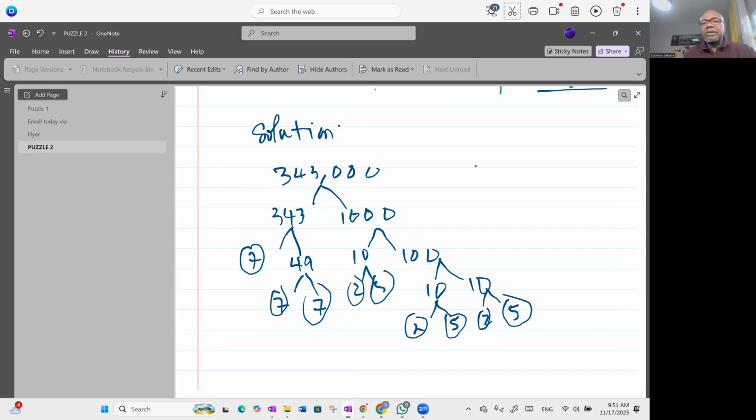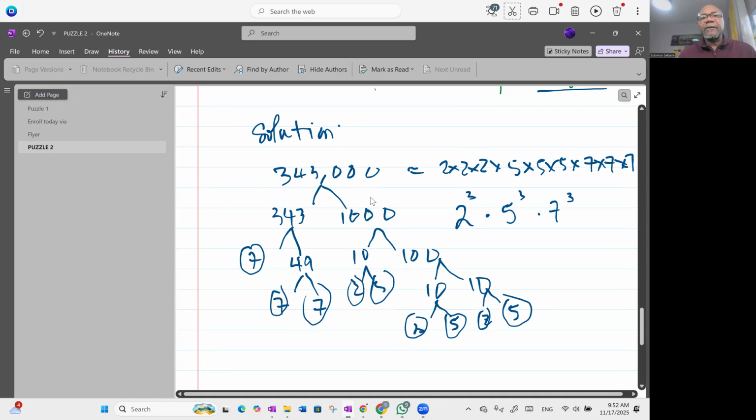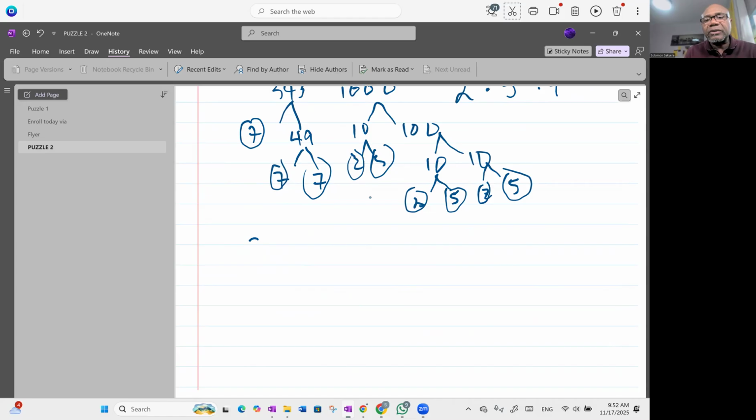Okay, so this is equal to 2 times 2 times 2 times 5 times 5 times 5 times 7 times 7 times 7. So in exponent form, three of the 2's, three of the 5's, three of the 7's. So in essence, 343,000 is equal to 2 cubed times 5 cubed times 7 cubed.